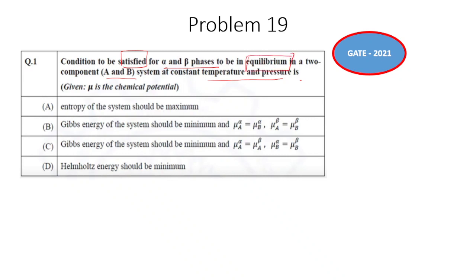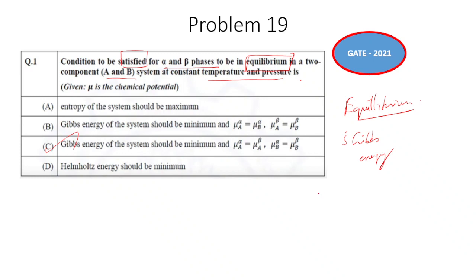So for equilibrium, does anyone know what is required? Sir, Gibbs energy of the system should be minimum and mu A alpha equal to mu A beta, so option C. So option C, right? It's perfect.